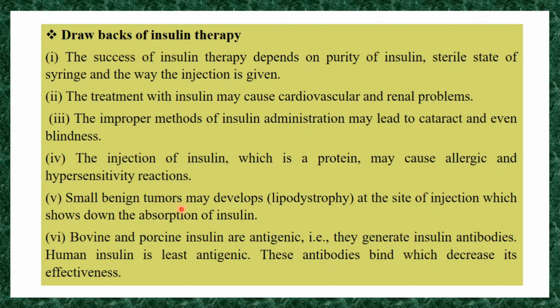A small benign tumor may develop, called lipodystrophy, at the site of injection, which slows down the absorption of insulin. The bovine and porcine insulin are antigenic, and they generate insulin antibodies. Human insulin is less antigenic, and these antibodies bind with it, which decreases its effectiveness.